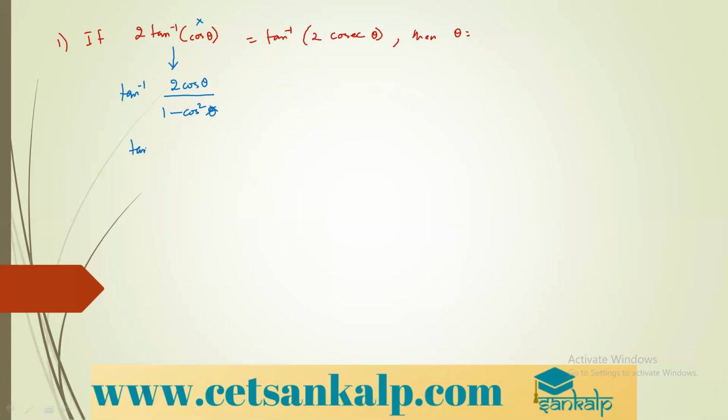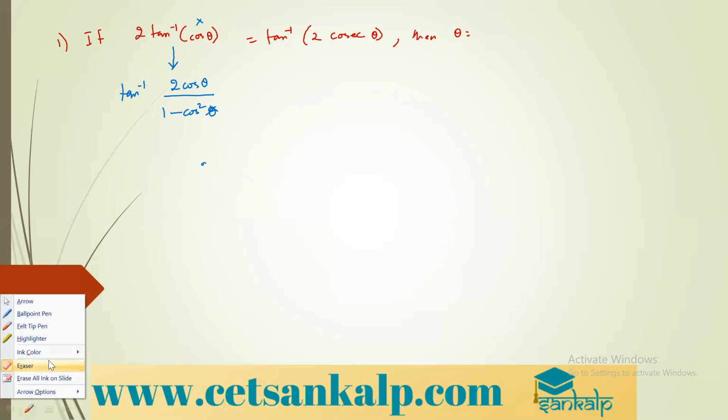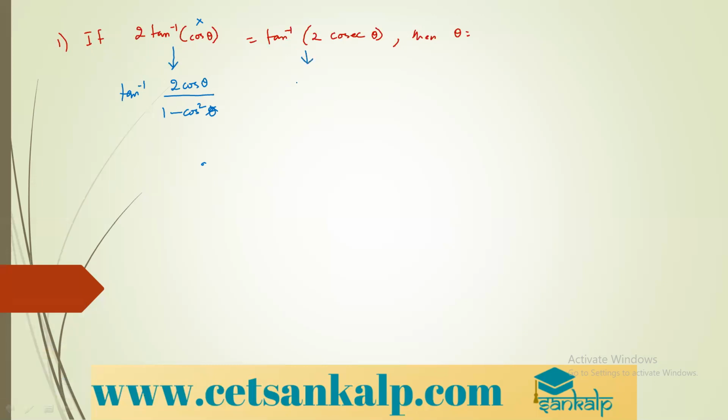Or you can write this as tan inverse 2 cos theta by (1 minus cos square theta) as it is. So I will not change this, but I will change the other one. On the LHS, I will write tan inverse 2 by sine theta.